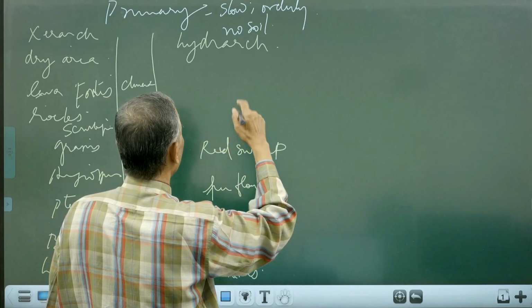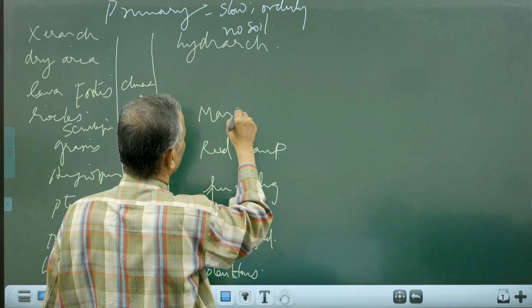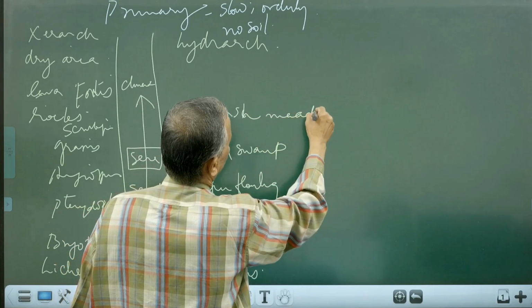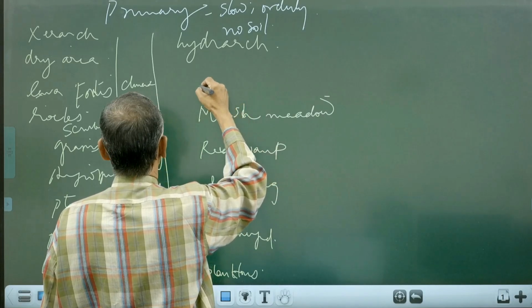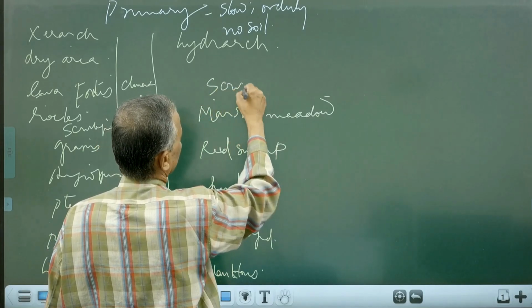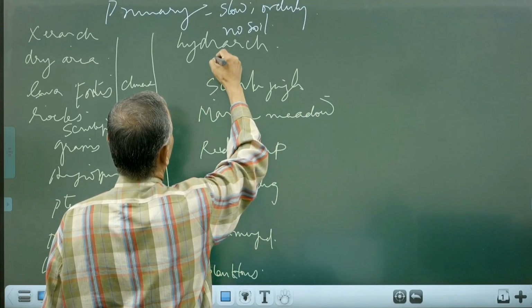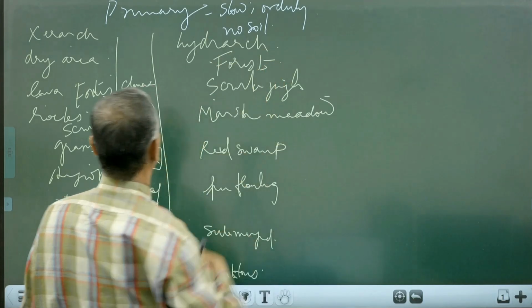So reed swamp will be replaced by marsh meadow. And marsh meadow will be paving way for small scrub jungles, and scrub jungles will be paving way for big trees. So finally, here also forests will be there.